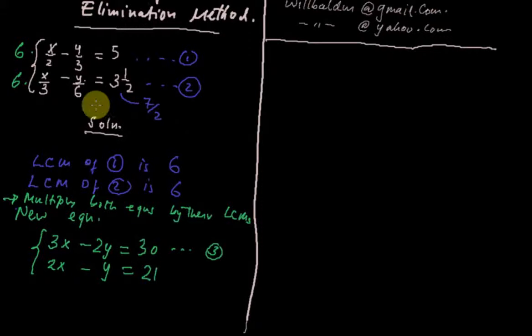You can also do 6 times 7, 42 divided by 2, and you still have 21. Call this equation number 4.